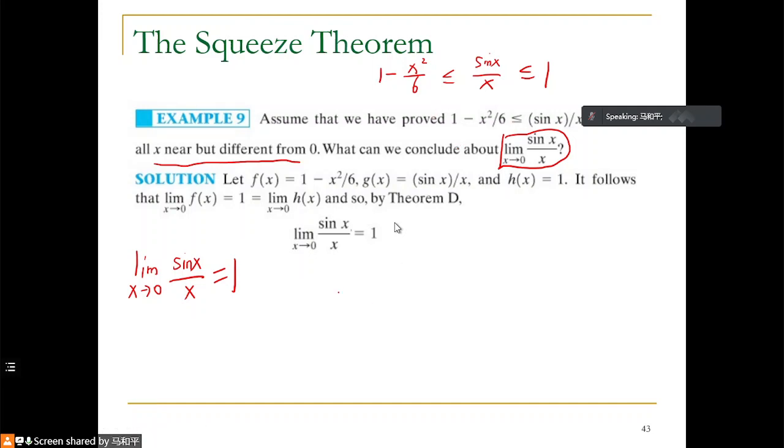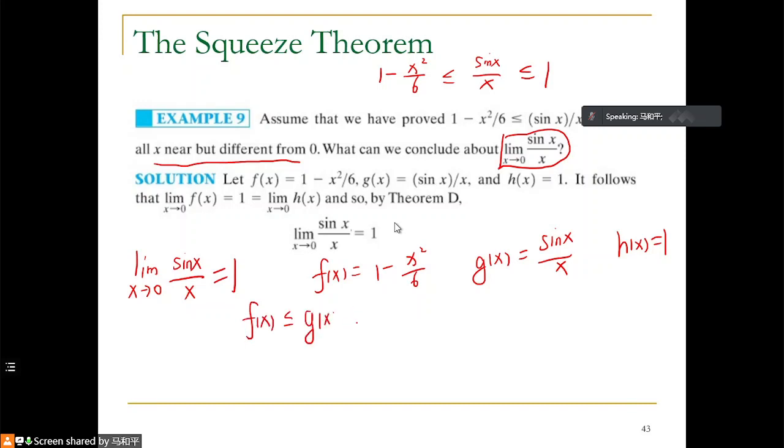Here, we choose f(x) as 1 minus x squared over 6, g(x) as sin x over x, and h(x) as 1. And we know f(x) is less than or equal to g(x), less than or equal to h(x).